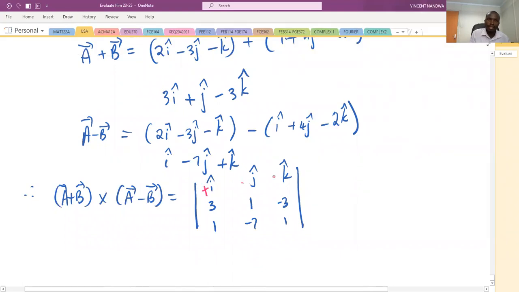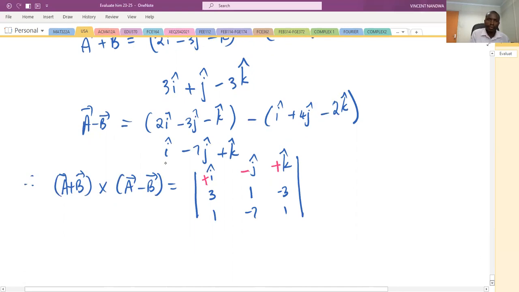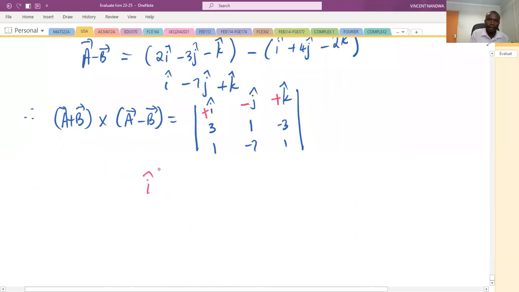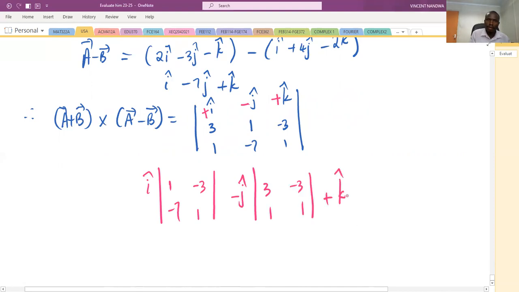This negative, this is positive. So this determinant will be i times 1, minus 7, minus 3, 1, minus j, and then cross this, we have 3, minus 3, 1, 1, plus k. Delete this, so we'll have 3, 1, 1, minus 7.